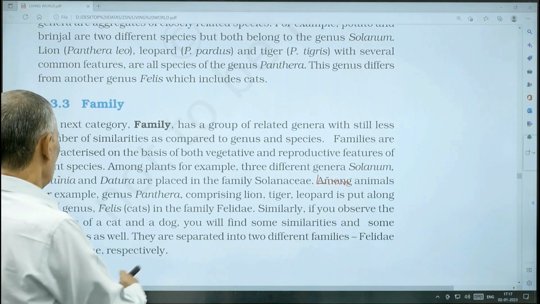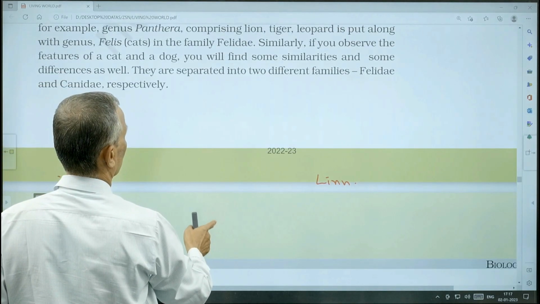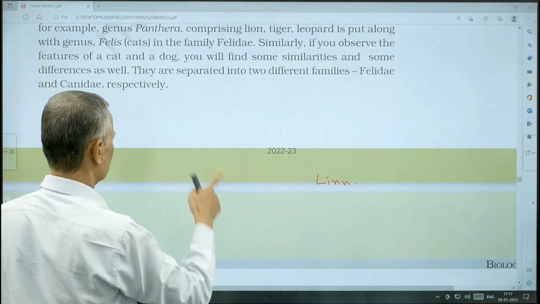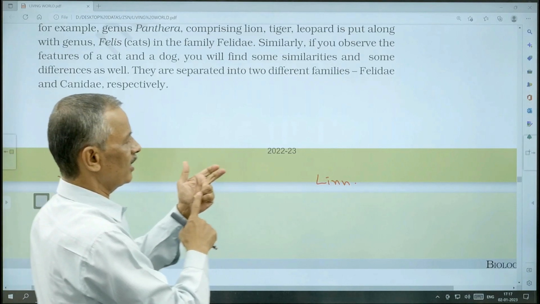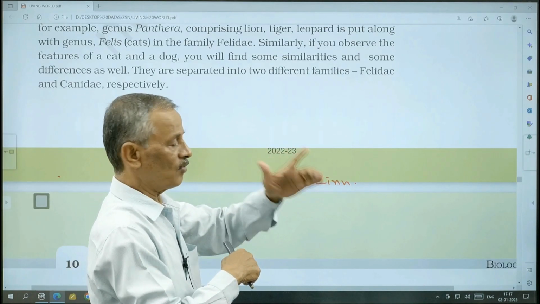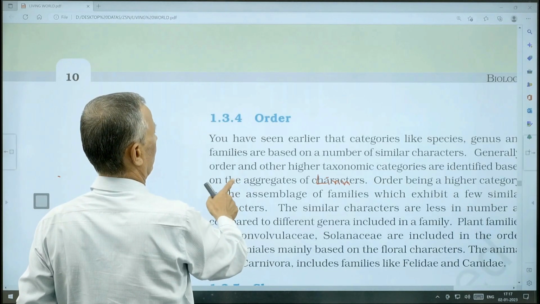So we have family, which is made up of a number of related genera. Species, genus, family, these three are the lowest levels of classification, but others are a bit higher, like order.